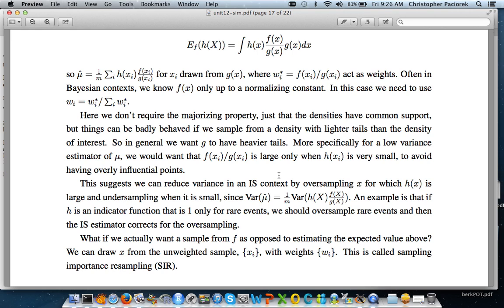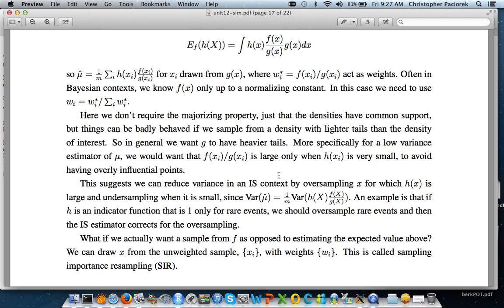And then the question was, well, why is this a good thing to do in terms of reducing the variance of my Monte Carlo estimator of this expectation, such that maybe I can draw fewer samples than I otherwise would have to? Well, the basic idea comes down to, again, this variance. If I want these values to be small and similar to each other, such that the variance is small, then what should I do?